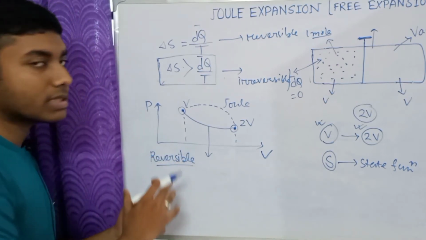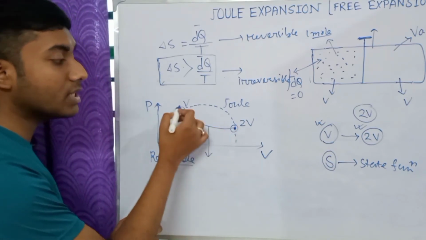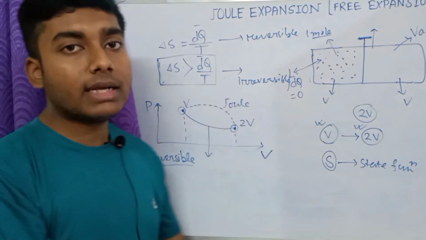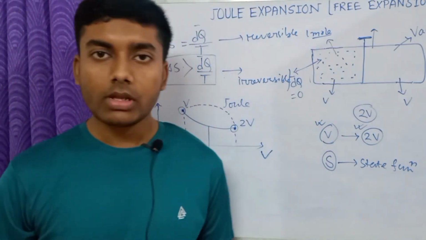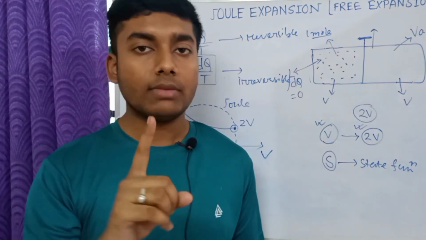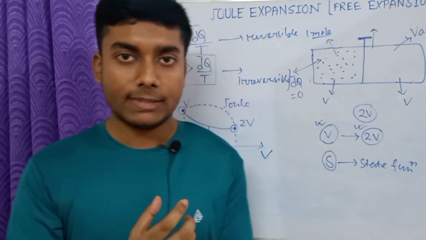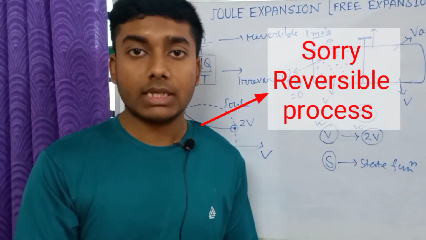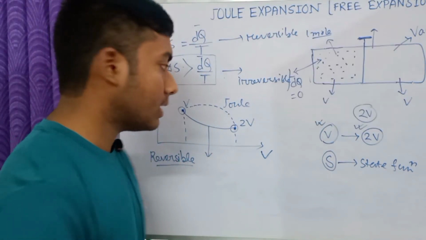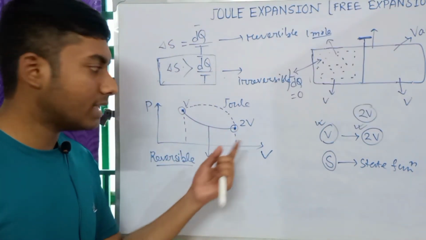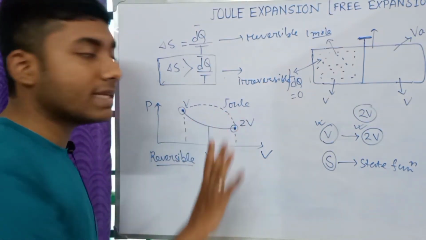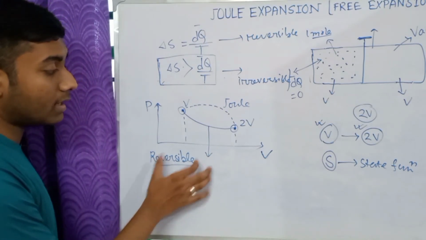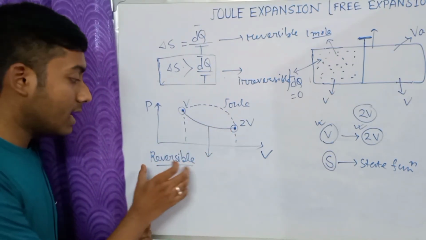then what happens? If we consider a reversible process between these two states, that is, if we expand 1 mole of ideal gas and after expansion the volume is 2V, then the initial and final conditions are satisfied, and this is a different process, which is reversible.